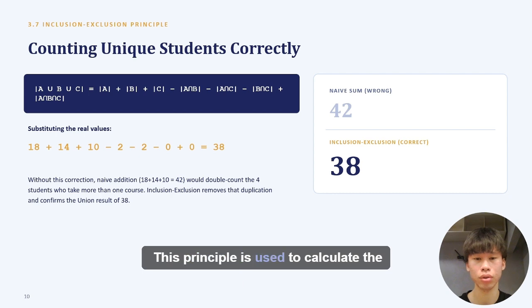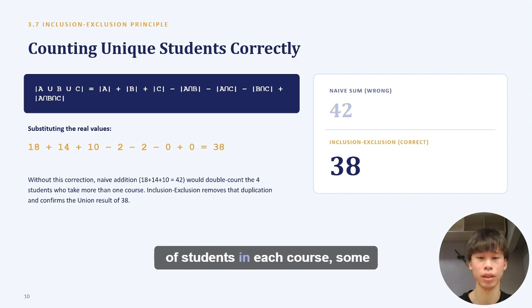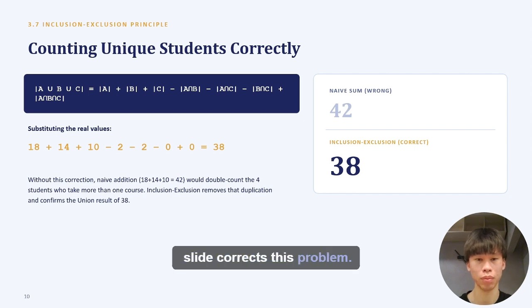This principle is used to calculate the total number of unique students without counting the same student more than once. If we simply add the number of students in each course, some students who are enrolled in multiple courses will be counted twice. The formula shown on the slide corrects this problem.